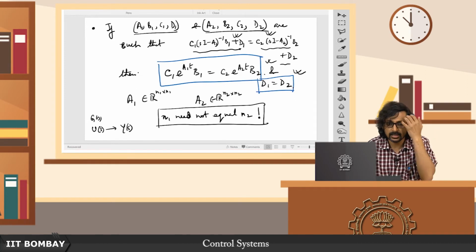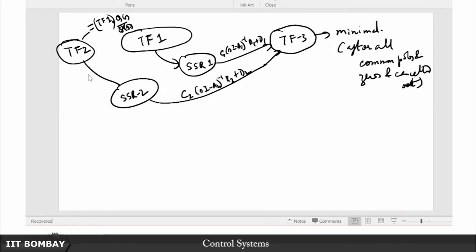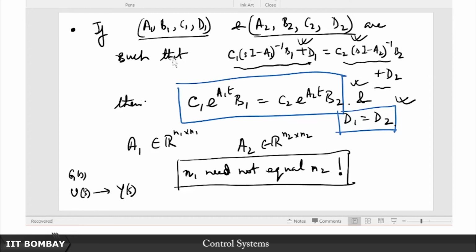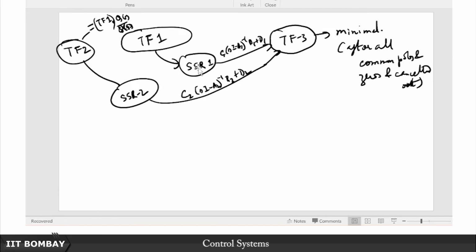In that context we are trying to derive this result, and while deriving it, I have shown you that even if you have two different sizes of the A matrix, they will naturally lead to two different state space realizations. Even the sizes of these two state space realizations, SSR1 and SSR2, need not be compatible.